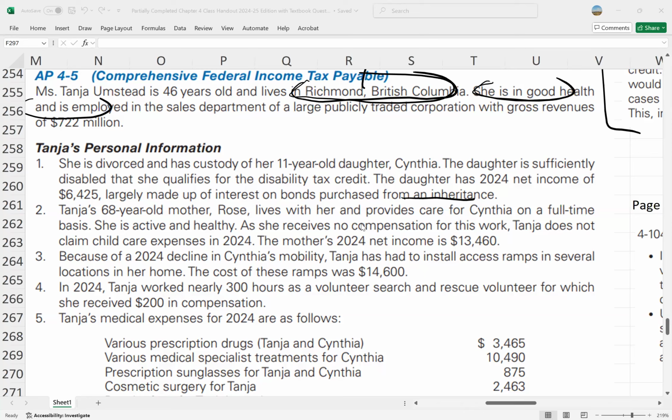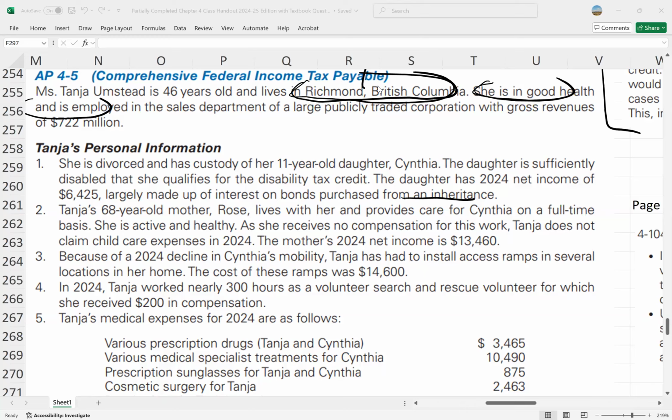And then they had to install additional accessibility for Cynthia, the daughter, that would qualify as well. So it's not limited just to one individual. If Tanya was doing home accessibility modifications for both the mother and the daughter who Tanya was supporting, then she could claim all of those amounts under home accessibility. But once again, limit it to 20,000. Does that answer your question, Hayden?